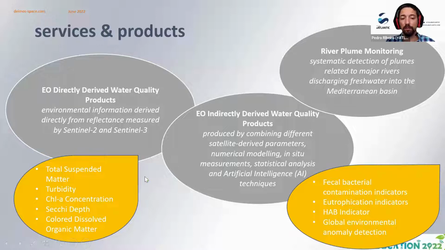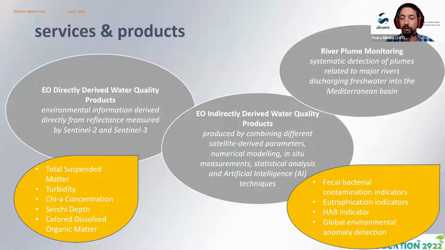Also, from these results, we can also derive more indirect water quality parameters. So here, we're looking to aggregate this Earth observation data with numerical modeling, in situ measurements, statistical analysis, and also some artificial intelligence approaches in order to derive a set of indicators.